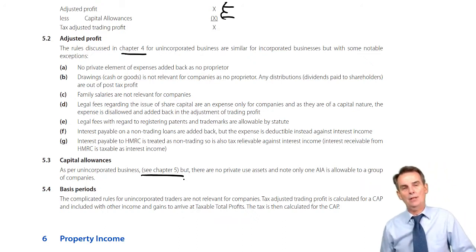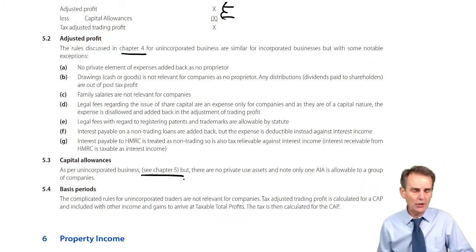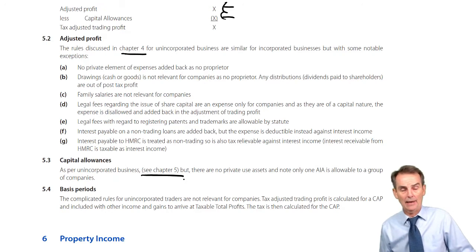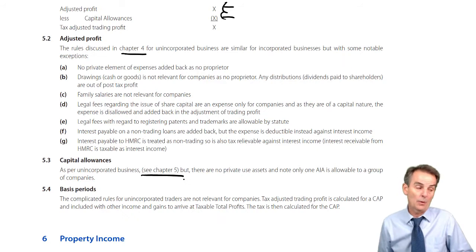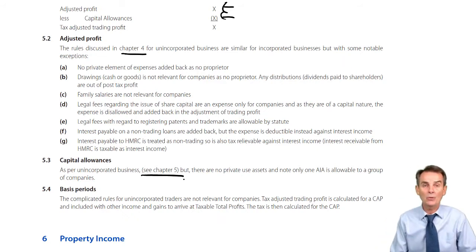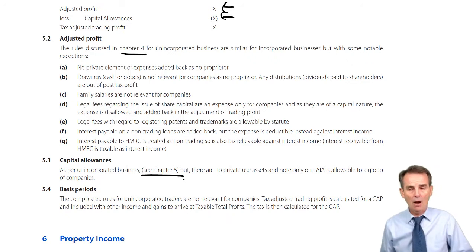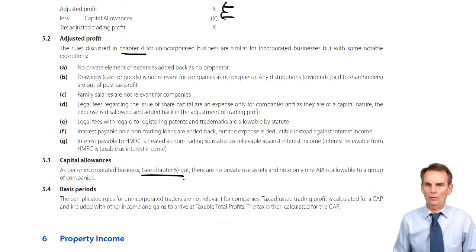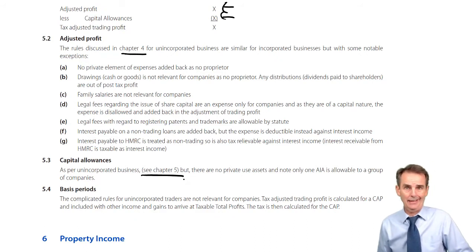So in this process, therefore, of firstly adjustment of profits and then capital allowance computation, what differences do we see between what we did for individuals, unincorporated traders, and what we do now for companies? Thankfully, most of what we learned there is exactly the same, and in fact some of the harder parts of what we dealt with back in Chapter 4 and 5 will not apply here. So if anything, it's going to be easier.